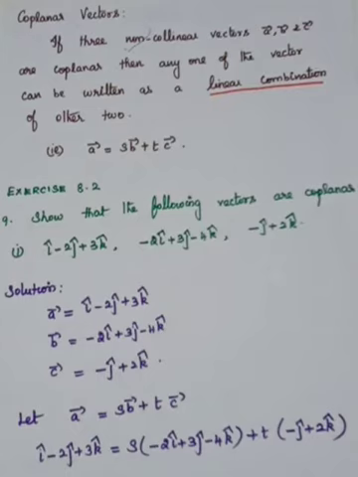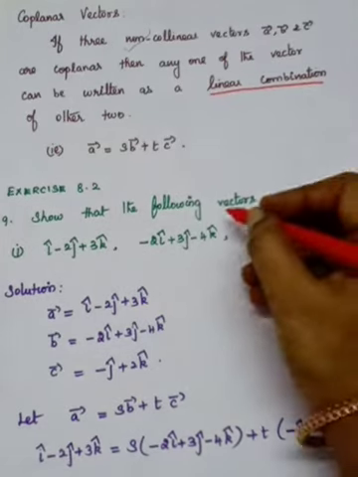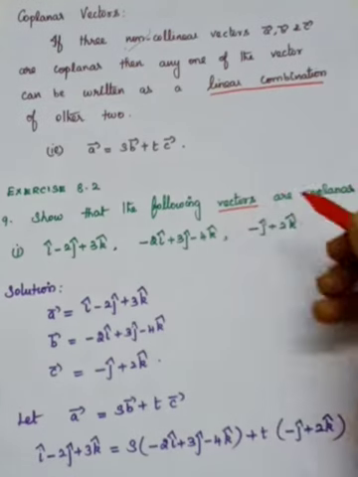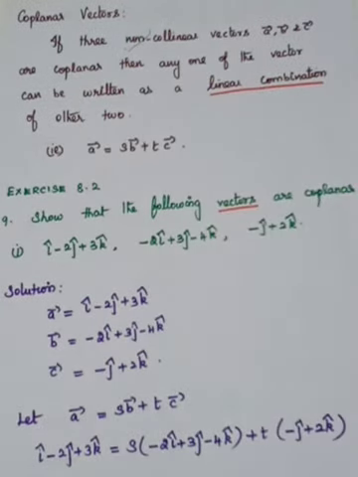So while using this, we are going to do the 5-mark problem, exercise 8.2, 9th problem. Show that the following vectors are coplanar. Here three vectors are given.